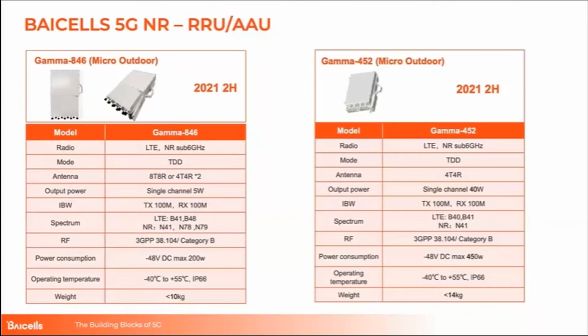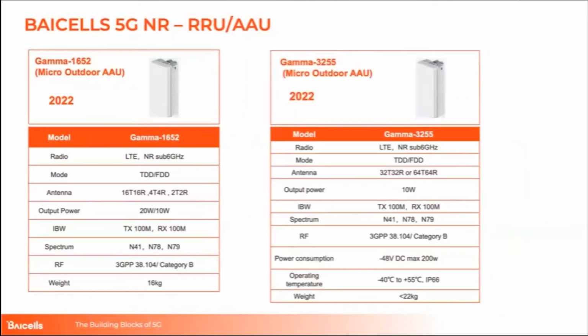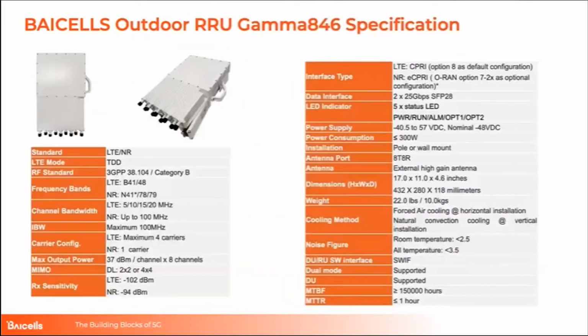Gamma 452 is also another variant. We also have some indoor and outdoor radios where we have the massive MIMO, 16 by 16, 32 by 32. I talked about the Gamma 846 that we're currently testing, and we have some field trials on it. It is 4x4, 8 ports, 8 by 5 watts.